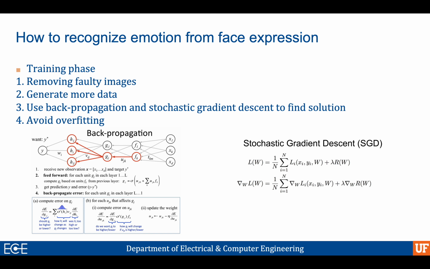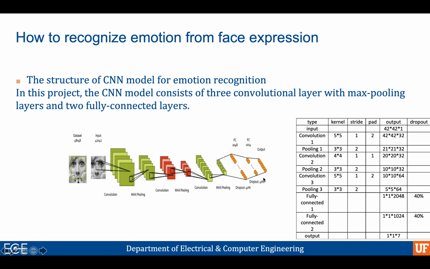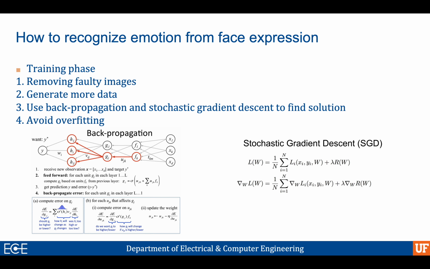I generate more data by using data augmentation. In order to find the parameters that fit this model, I use backpropagation and stochastic gradient descent to find the solution. And in order to avoid overfitting, I use dropouts. Like here, there are some dropouts, so I can avoid overfitting. The methods for backpropagation and stochastic gradient descent are shown in these two pictures.